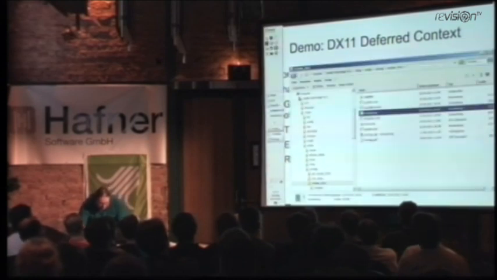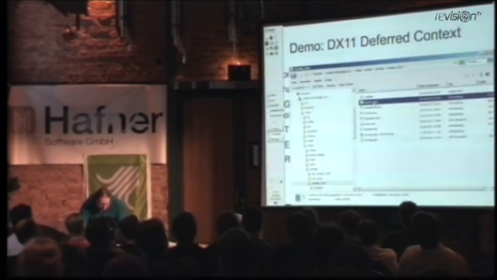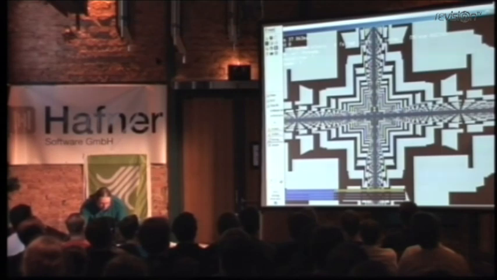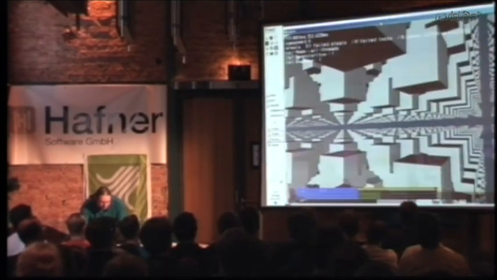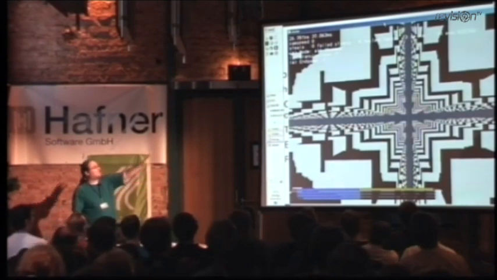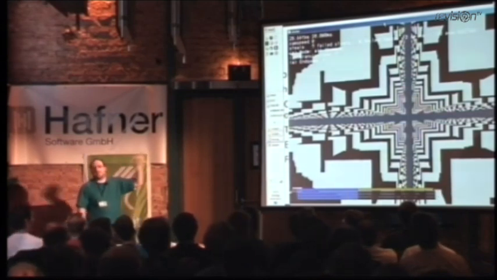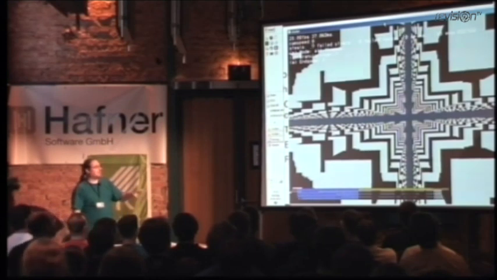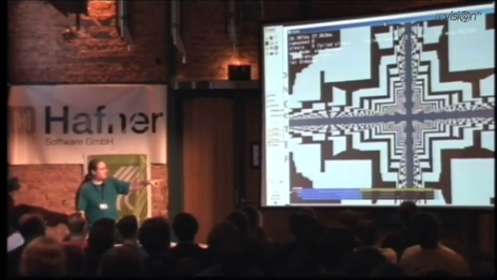I also have a very boring example made for this. Here we can see the blue part is where all these cubes are drawn in a single draw index primitive. Very bad thing to do, but I did it anyway.